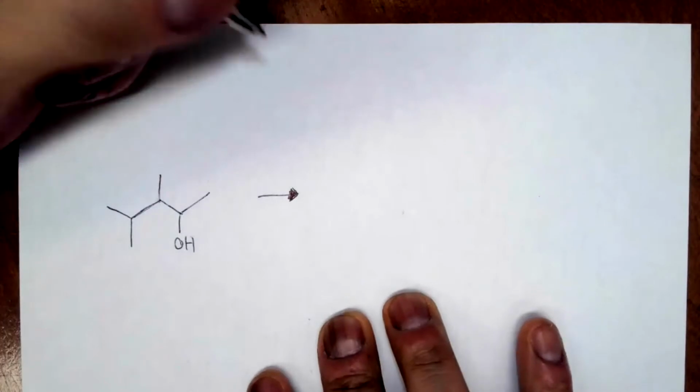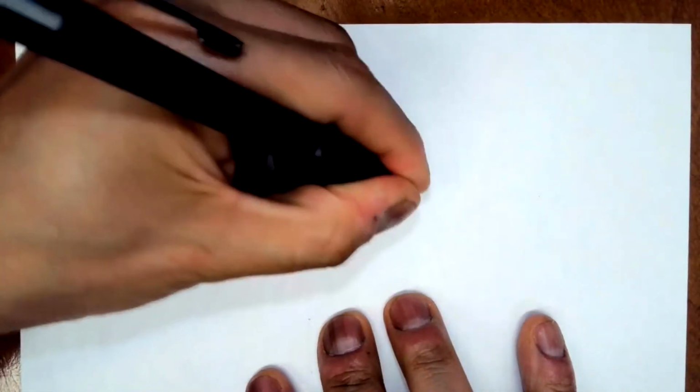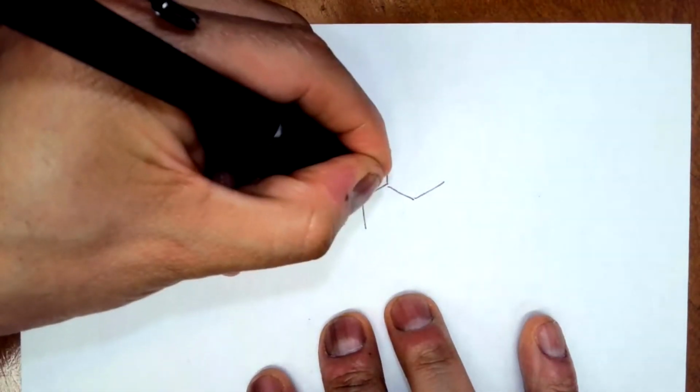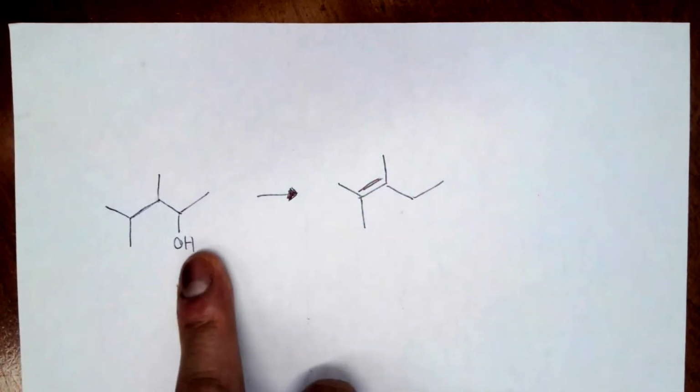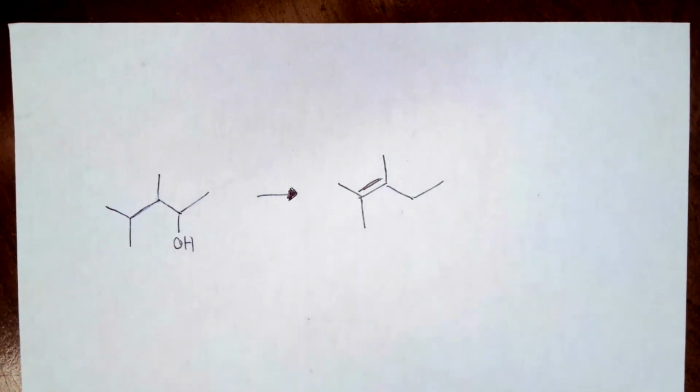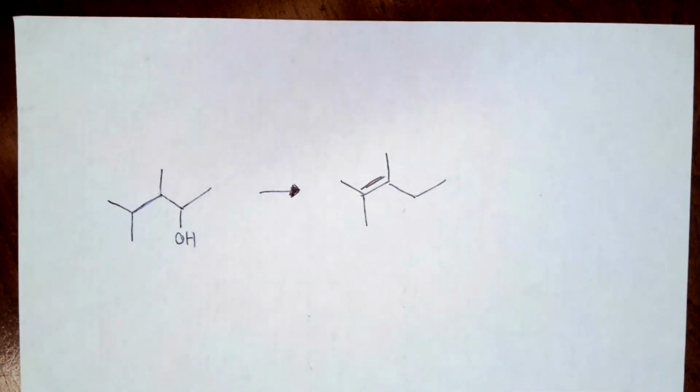What base is needed? This is actually a very good problem. Okay, this one. What reagent do I need to go from here to here? I'll give you a few seconds.